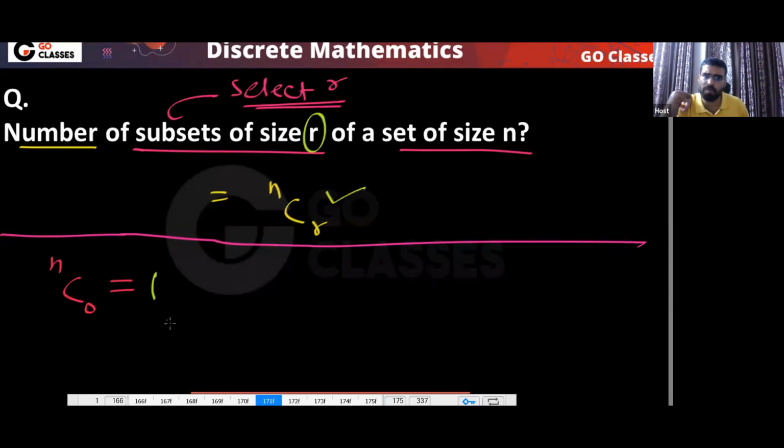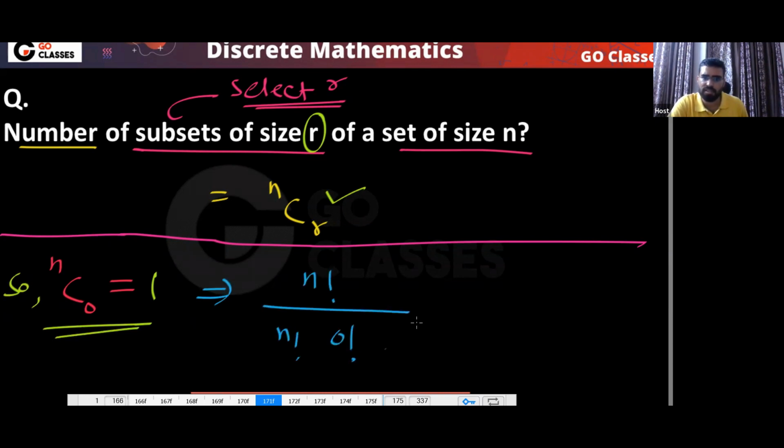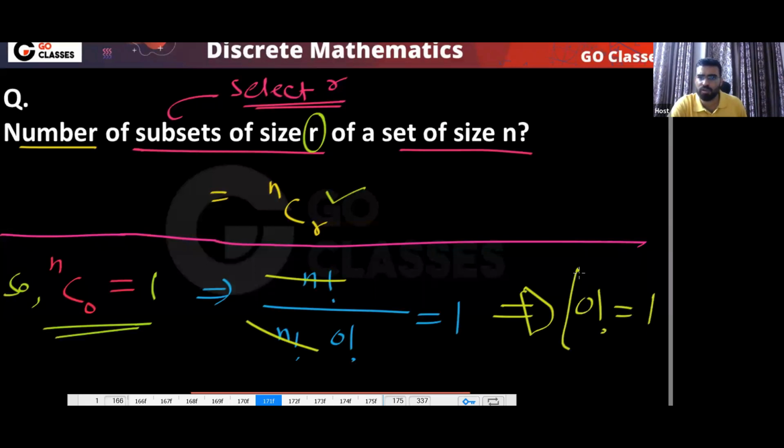So what is NC0? That is n factorial divided by n factorial times 0 factorial. This should be 1. So from here, what should 0 factorial be? 0 factorial should be 1.